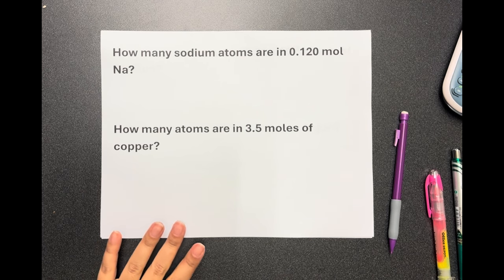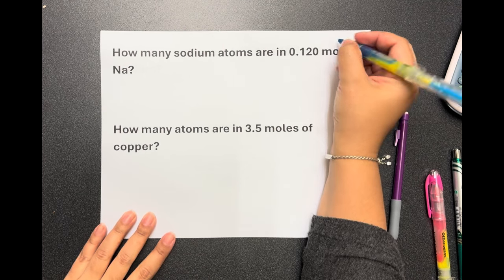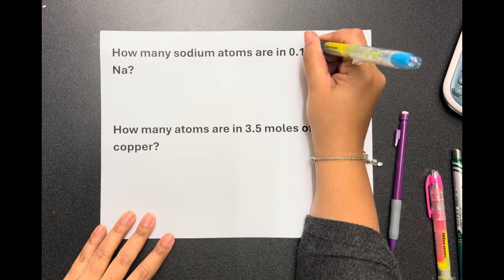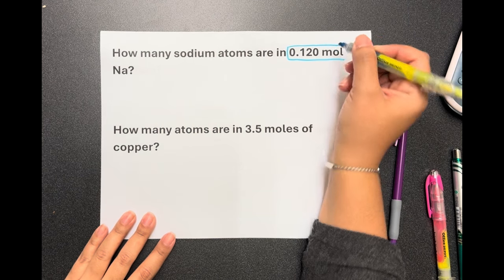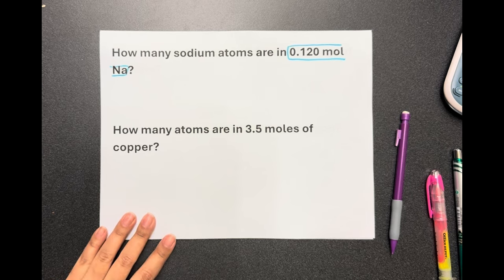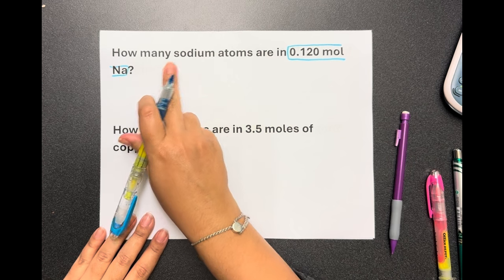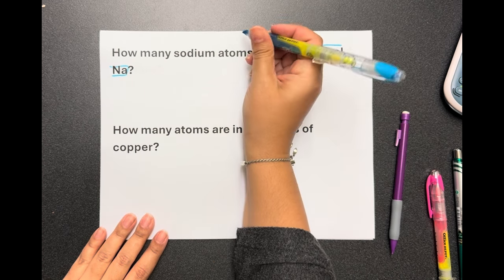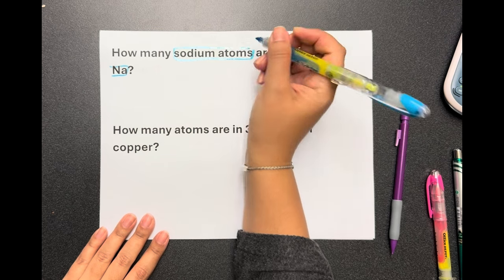Again, the first thing you need to identify is, what is this question giving me? It's giving me 0.120 moles of sodium. And what is it asking me to find? It's asking me to find how many sodium atoms. It's asking me for sodium atoms.